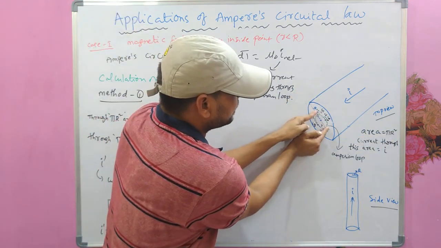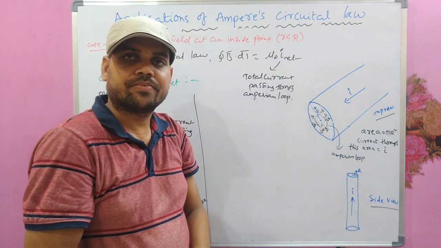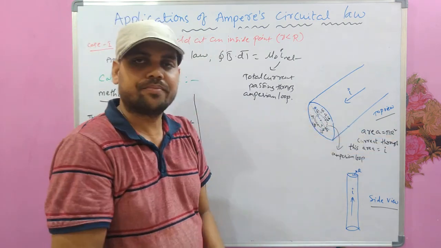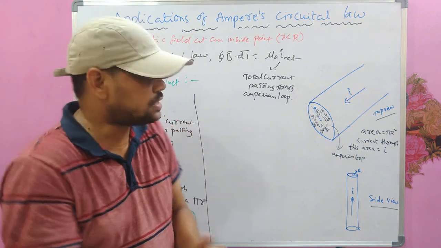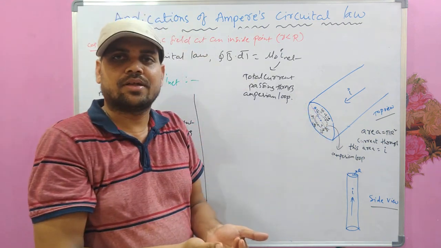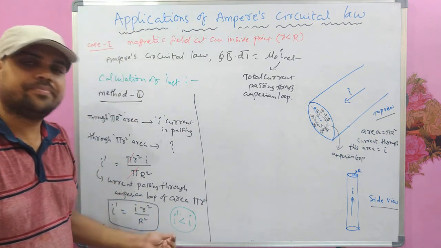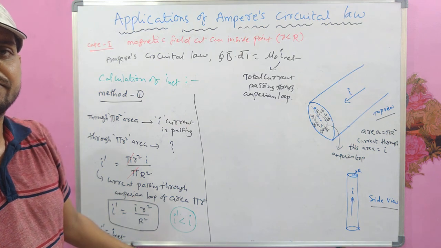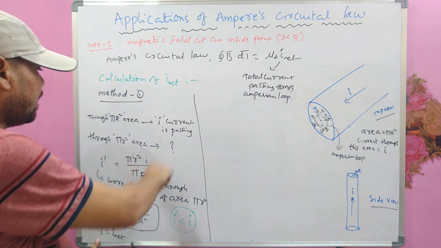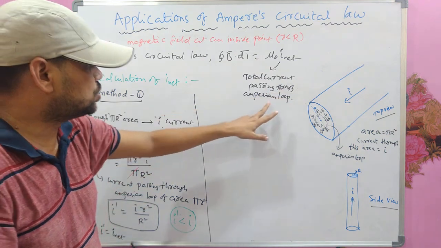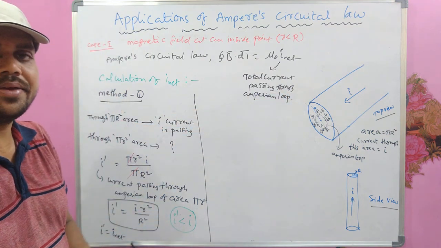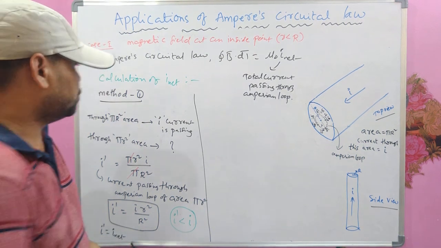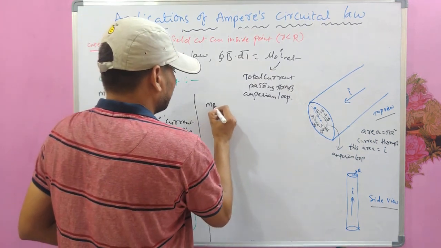So this is smaller than this. The total current was I, which is passing through cross-sectional area pi R square, and I prime is the current passing through a smaller cross-sectional area, which must be less than that. So I prime is less than I always. So this is how we calculate I prime, which is the total current passing through the Amperian loop, I net. This is the method 1. And method 2 is also simple.